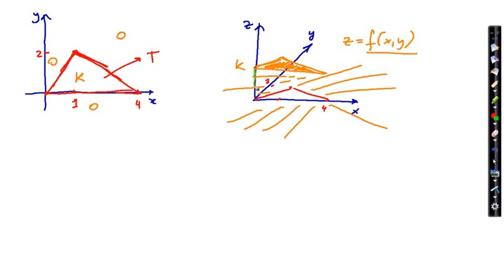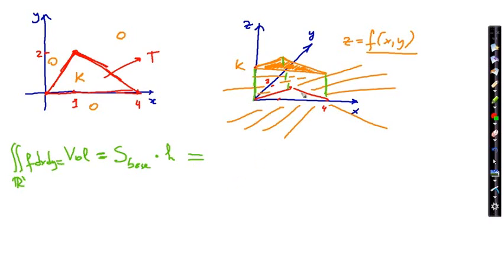So we need to calculate the volume of this prism, this three-dimensional prism. Let me write the double integral over R2 of our f dx dy; it is just the volume of this prism, and this is equal to the area of the base times the height.